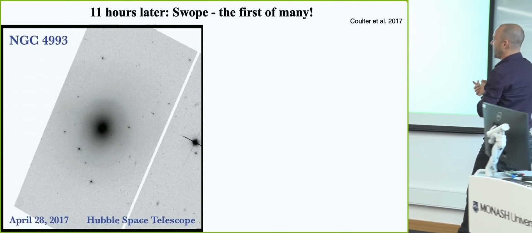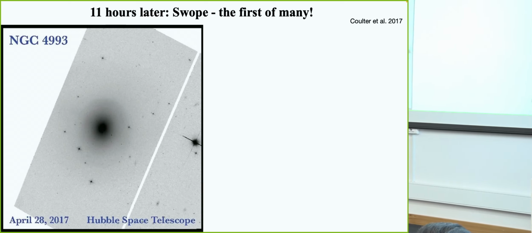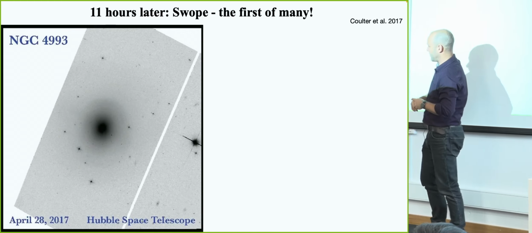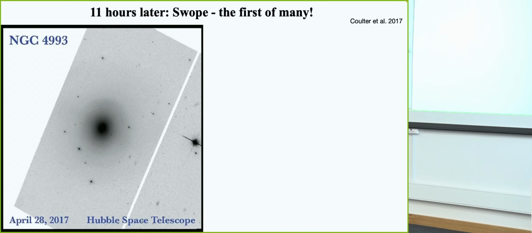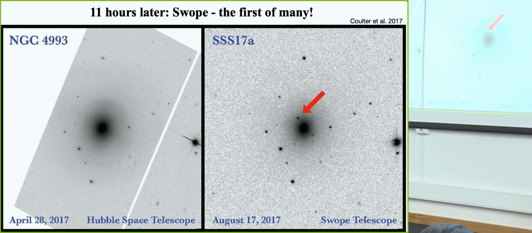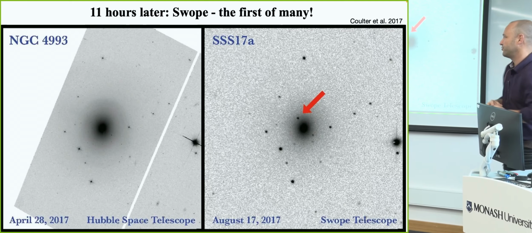And so here is a very boring, very ugly, nothing special galaxy, an image taken by the Hubble Space Telescope some 6 months earlier than when that event took place. And of course, here is an image taken by a 1-meter telescope on the day of the event, around about 11 hours after the gravitational wave signal.